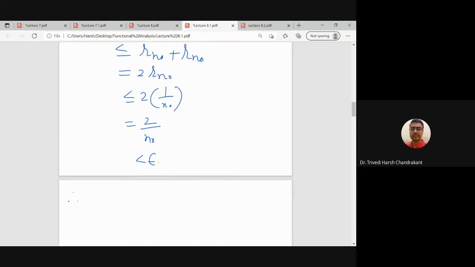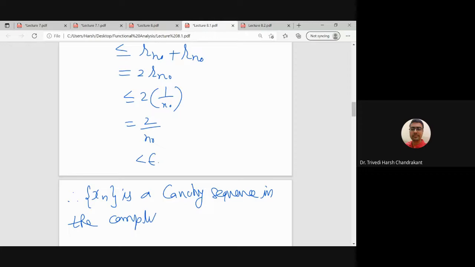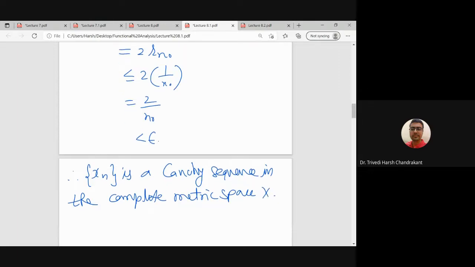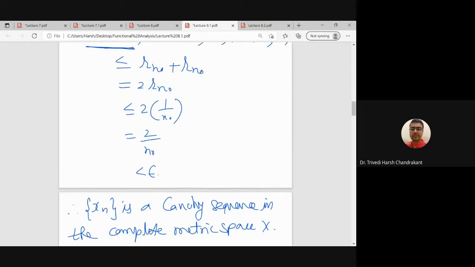Therefore xn is a Cauchy sequence in the complete metric space X. X is the given metric space which is complete, that is given in the statement.